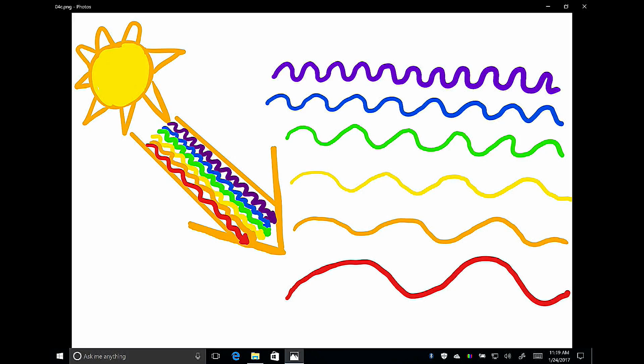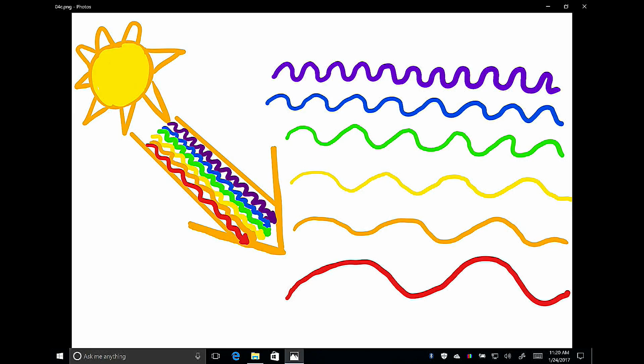The violet wavelength is the most high frequency because you see the frequency of the oscillation curve. So if you go from one oscillation curve to the point of the start of the next oscillation curve, you can see that it is very high frequency on the violet. Blue is also pretty high frequency, green a little less so. And then when you get to the red, the frequency is far less and the wavelengths are actually much longer.